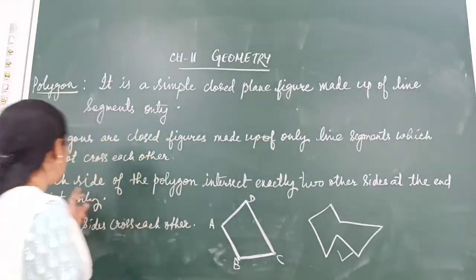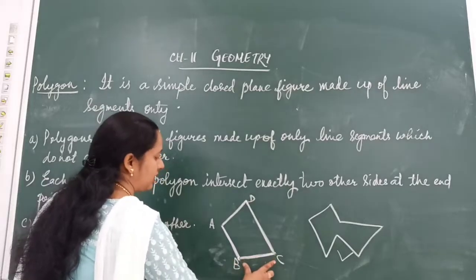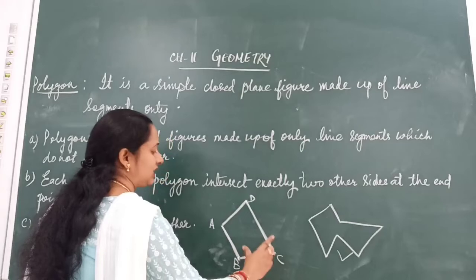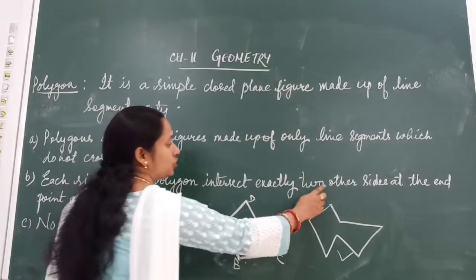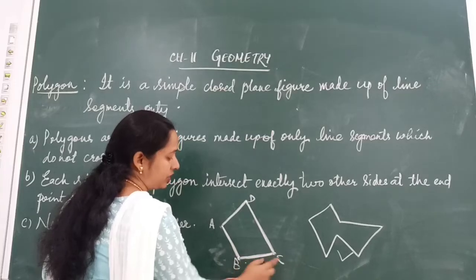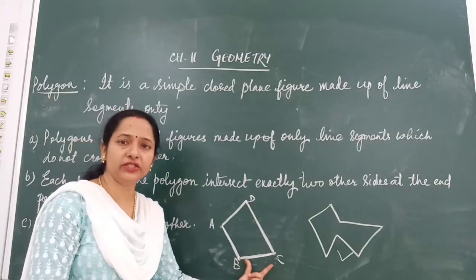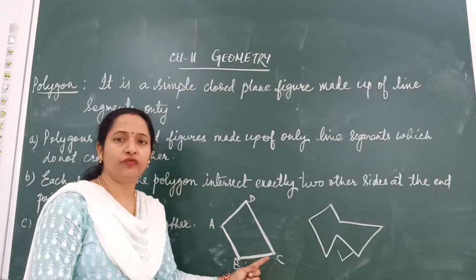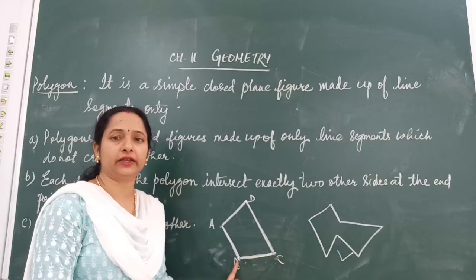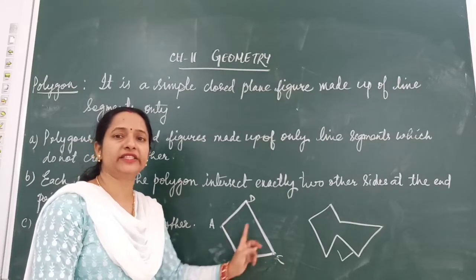This means each side of the polygon intersects exactly two other sides at the end points of this side. At the end points of one particular side, two other sides are intersecting.